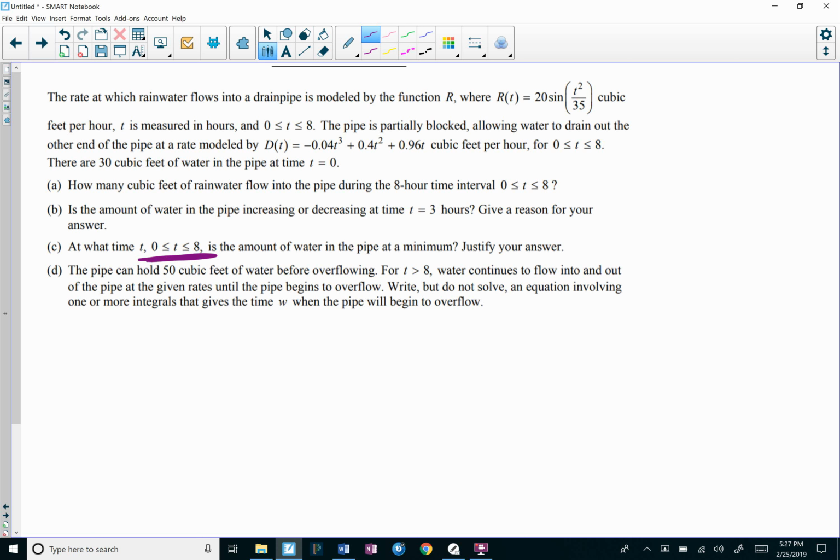So the amount of water that we actually have, well, we're starting with 30 cubic feet. So we're going to have 30 plus the antiderivative of that.